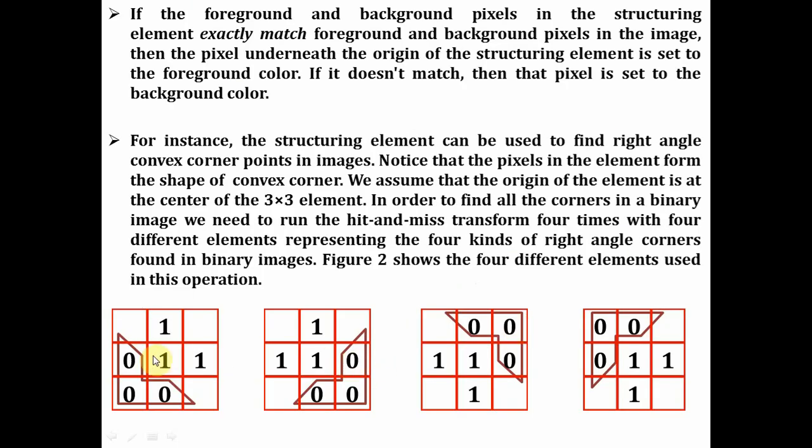Now if you consider the second structuring element, it means you have rotated your structuring element in such a way that it comes like this. You have the leftmost bottom right angle convex by all three zeros, then a rightmost right angle convex because of this structure, then an upper rightmost right angle convex, and an upper leftmost right angle convex.